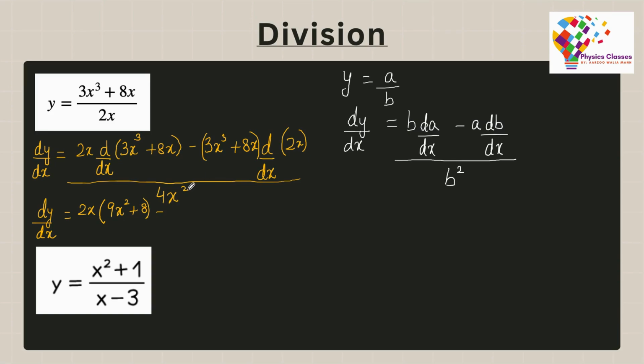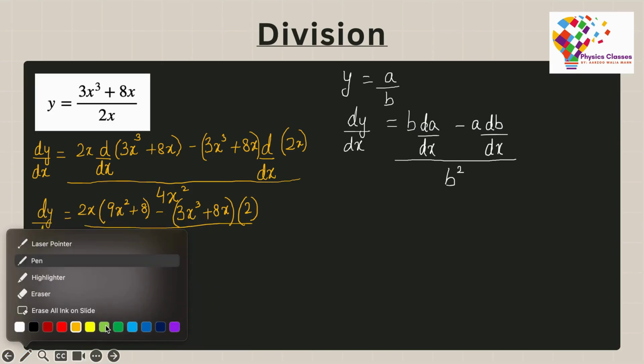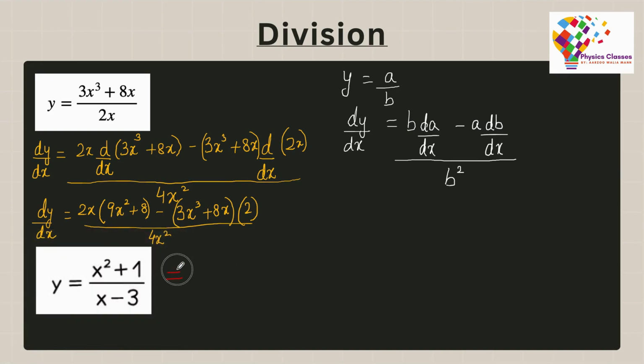So I have y is equal to x square plus 1 by x minus 3 and I want to do the differentiation of this. Again, I'll use the quotient rule. I keep the denominator, that is x minus 3, constant, and I differentiate my numerator, that is x square plus 1, minus, then I keep my numerator constant, x square plus 1, and I take the derivative of my denominator, that is x minus 3, and this whole divided by x minus 3 whole square, which is the denominator square.